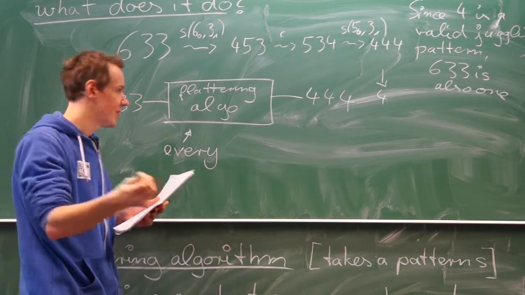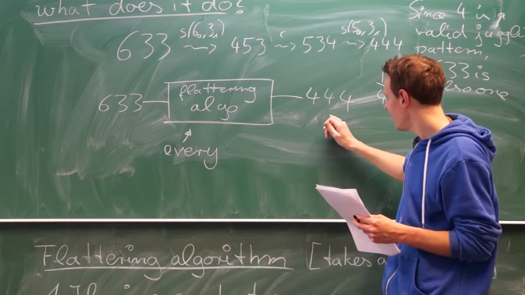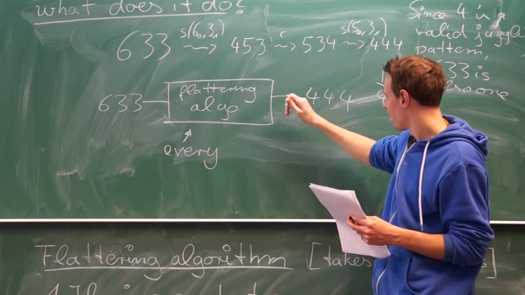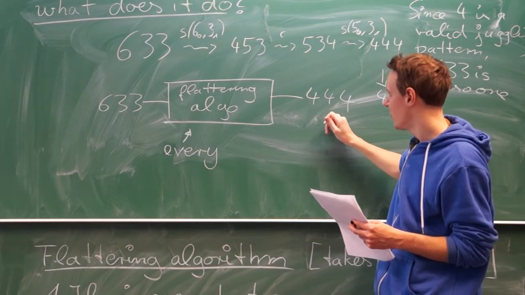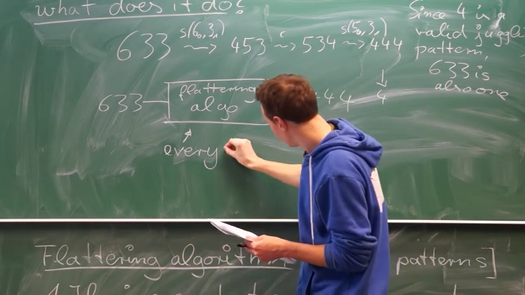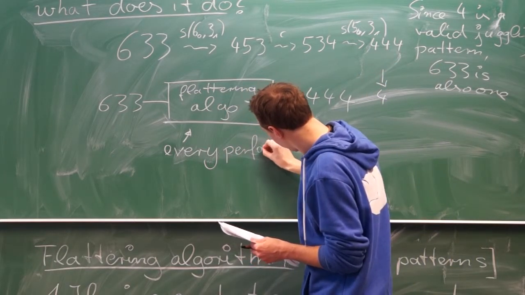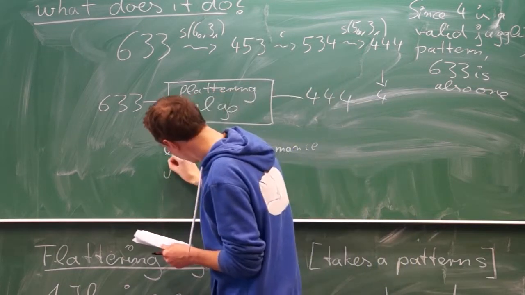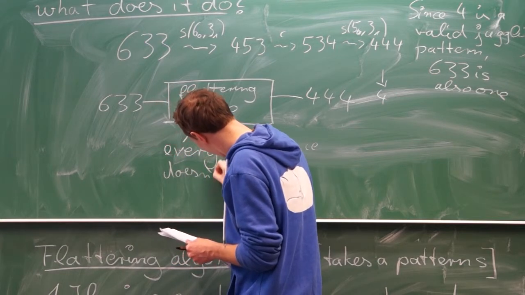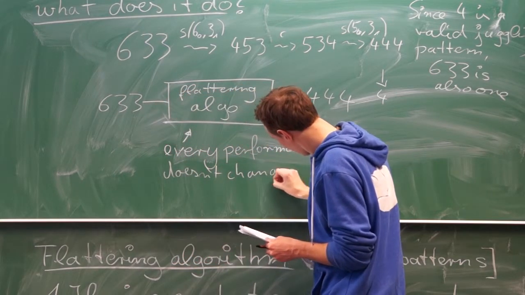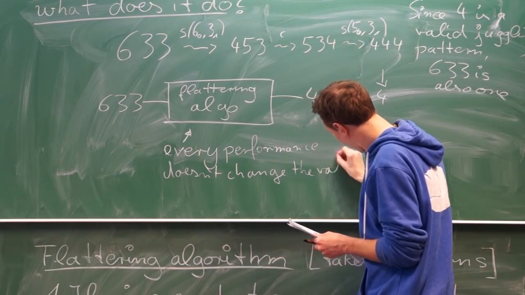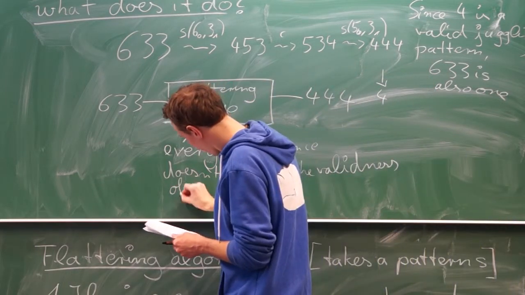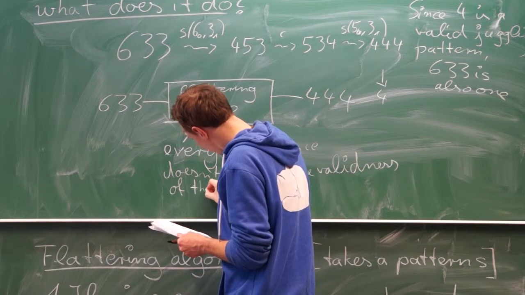And we do a reverse version, because here we can create patterns if we do swaps, and here we go back and see if we can return into a sequence that's already valid. So every operation we do here does not change the validness of the pattern.